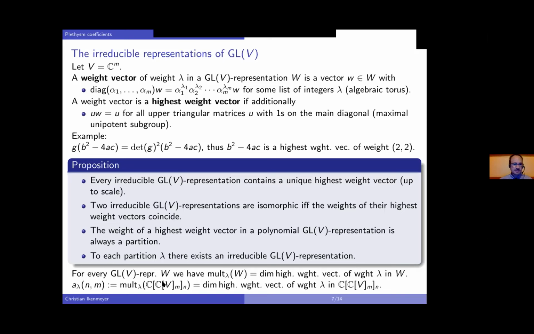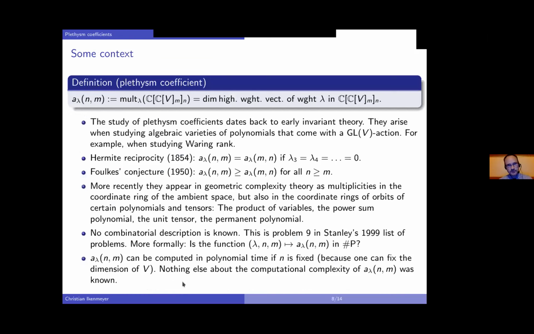So this is, of course, a bit of a difficult notion. It will not be so crucial in the upcoming discussion, but this is about Plethysm coefficients, so it needed to have some proper definition, and it is the definition that we actually use in the paper. There are plenty of definitions also using Schur functions and things like this, but the one with the highest weight vectors is the one that actually makes everything work.